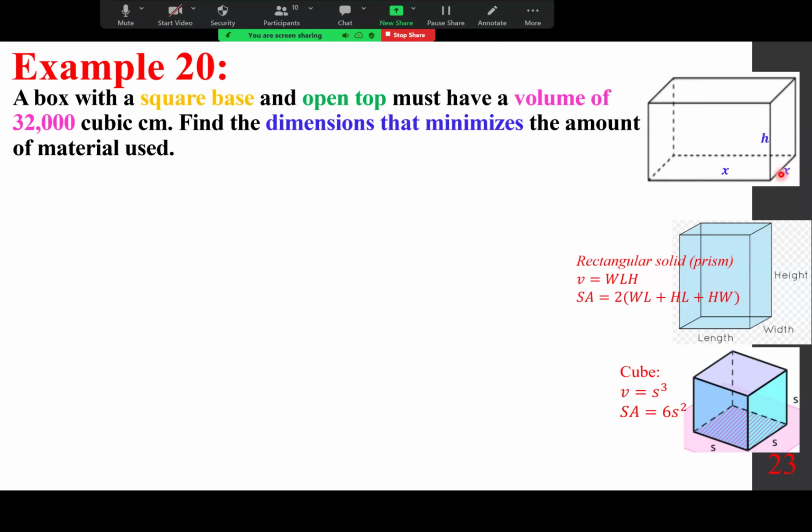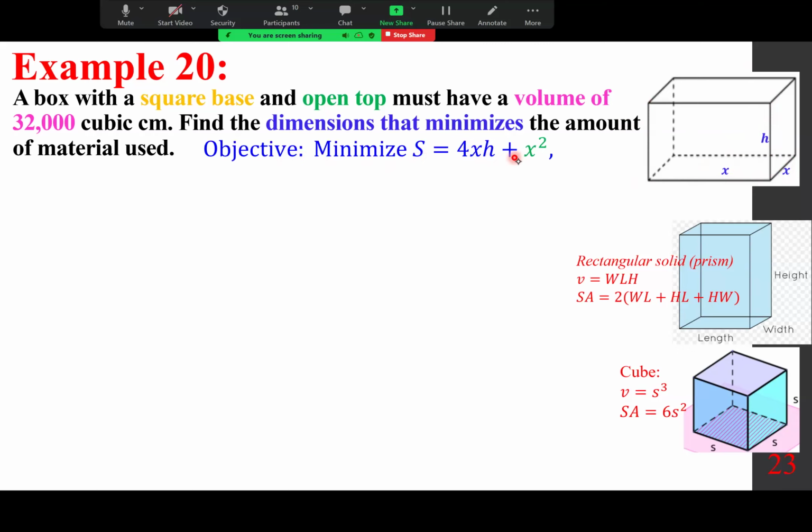Since the base is square, x times h is the front face, and all of them are the same. So 4 of them, 4xh. The bottom has an area of x squared, and so does the top, normally 2x squared, but it's an open top, so just 1x squared. So you want to minimize the surface area, which is 4xh plus x squared. Again, I emphasize 1x squared, not 2.